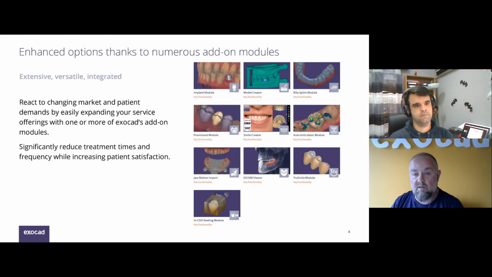You can create models, design splints, design provisionals, do smile planning, and use the auto articulator to improve occlusion adaptation of your restorations. The same for jaw motion import. You can import DICOM or use the True Smile module as a visualization helper.